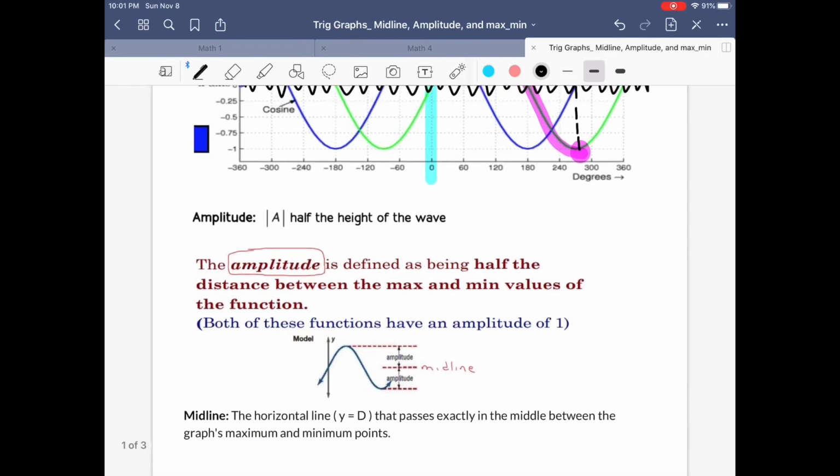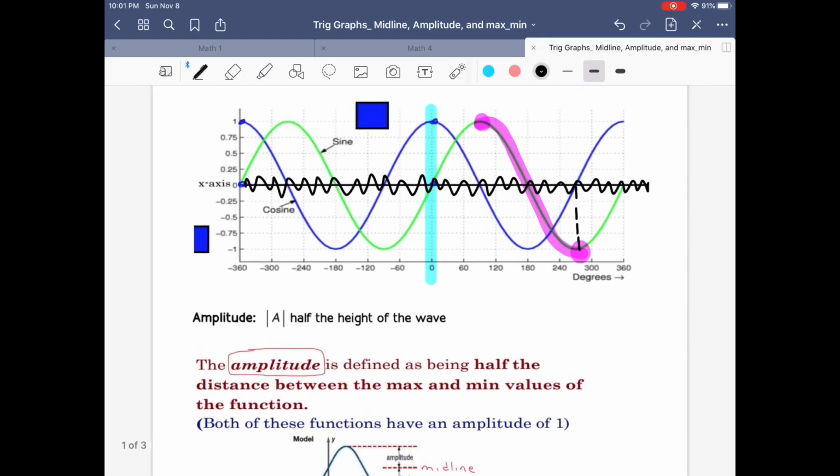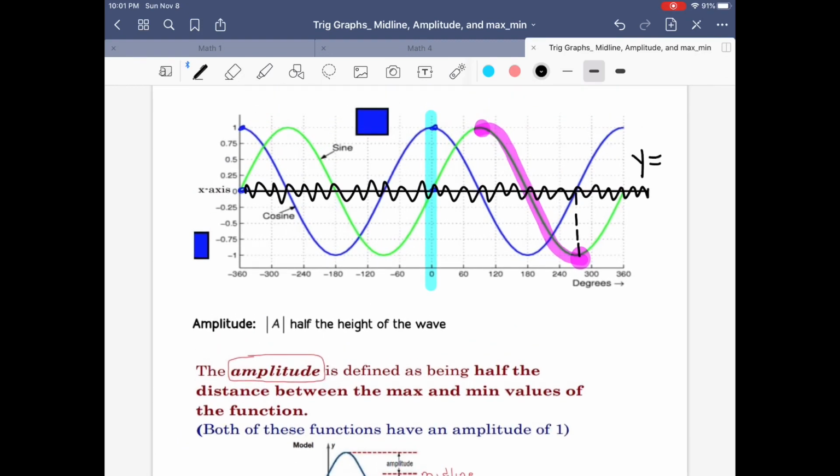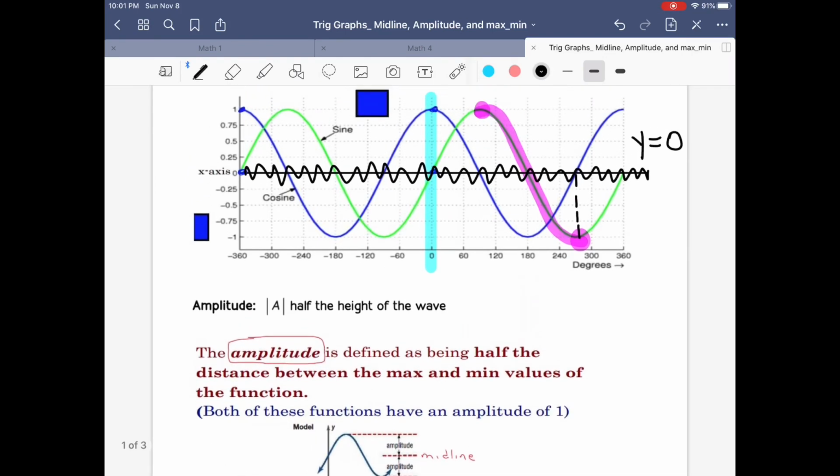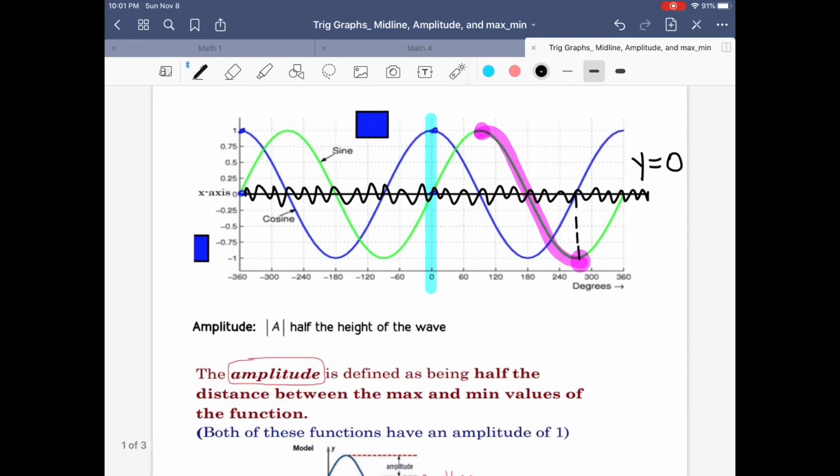So your midline is going to split your wave in half, and it's always going to be a horizontal line, and it's always going to be y equals a value. So this one is actually y equals 0 because it's splitting it at the value of 0. We also have maximum and minimum. So this one has a maximum value. It goes no higher than 1. This one has a minimum value that goes no lower than negative 1.